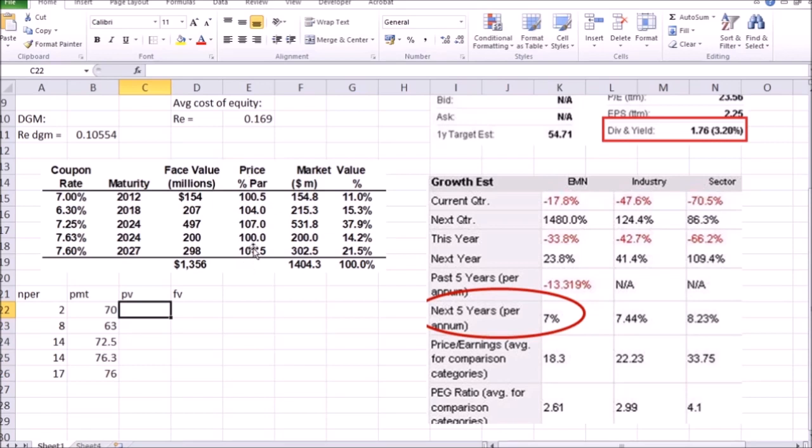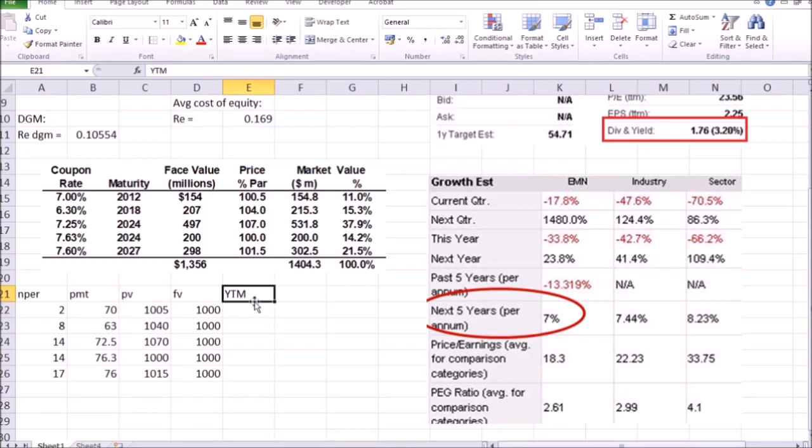In this case, the present value is in percentages of the face value. Assuming the face value is, again, $1,000, our price is equal to $1,005, $1,040, $1,070, $1,000, and $1,015. The face value, again, I'm just going to assume $1,000 for each of these.